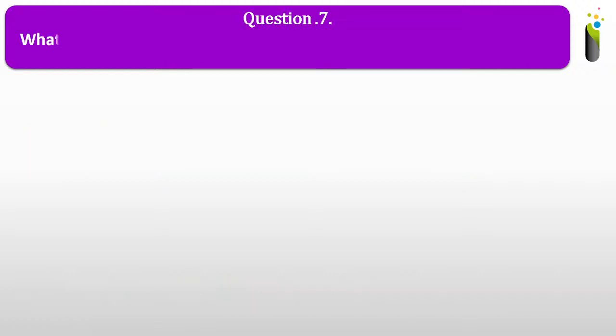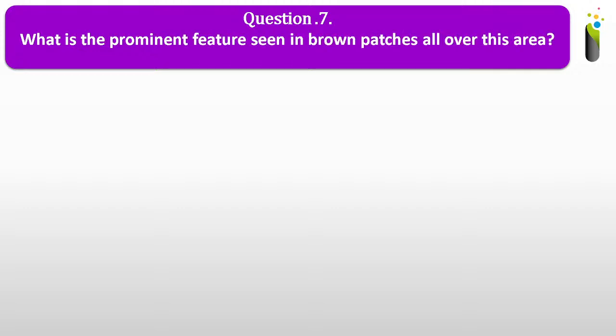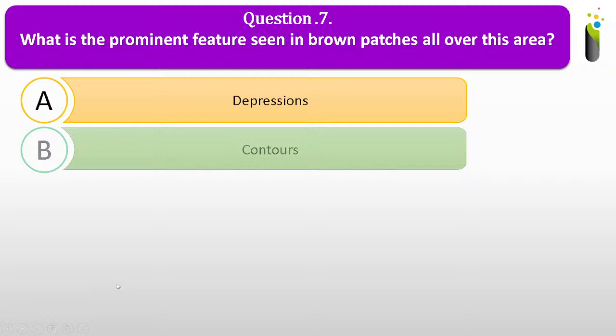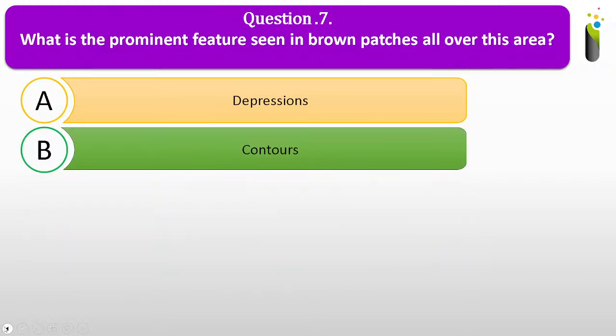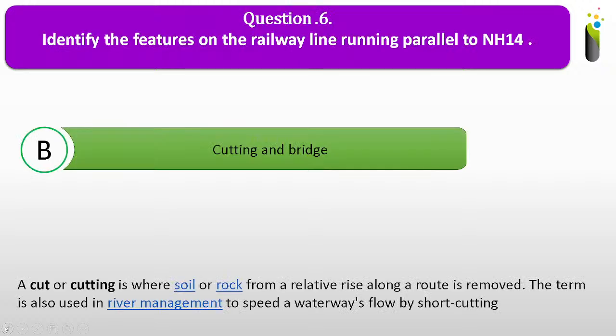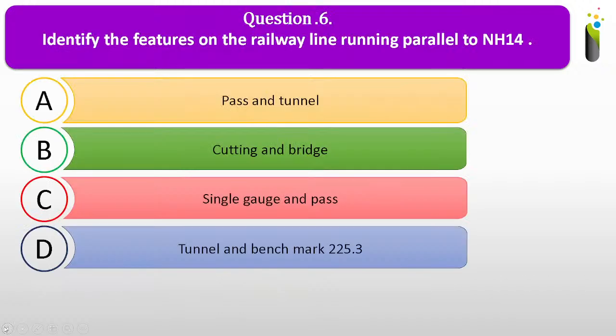We go ahead with question number 7. What is the prominent feature seen in brown patches all over this area? I know you want to see the picture again, so I show you the earlier one. Okay, I will show you the picture once again.